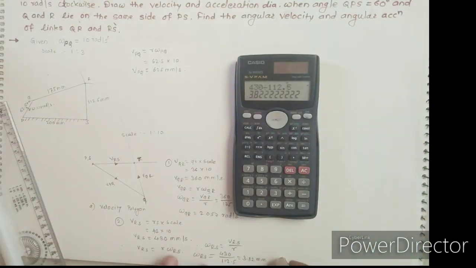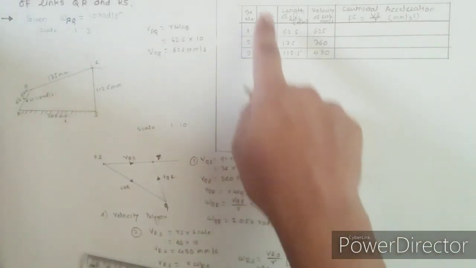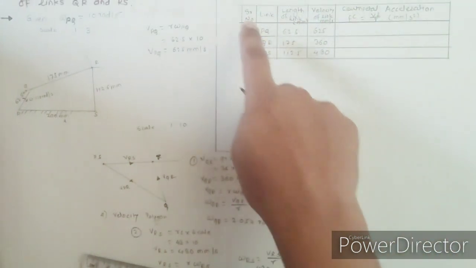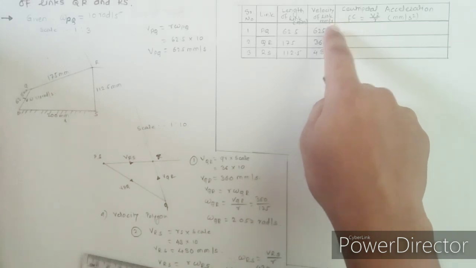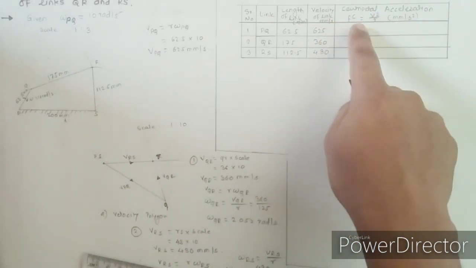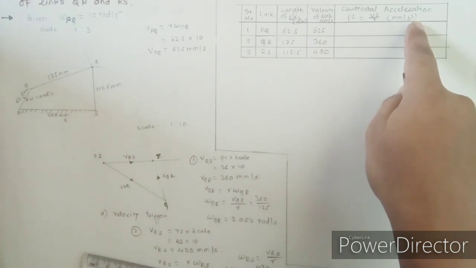3.82 radian per second. Now for the acceleration polygon, you have to draw a table like this. First one, serial number, link, length of link, velocity of link in mm per second, centripetal acceleration, that is fc equal to v square upon r, in mm per second square.